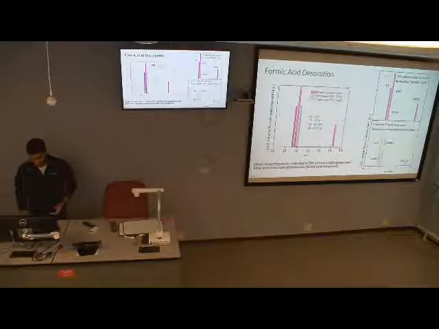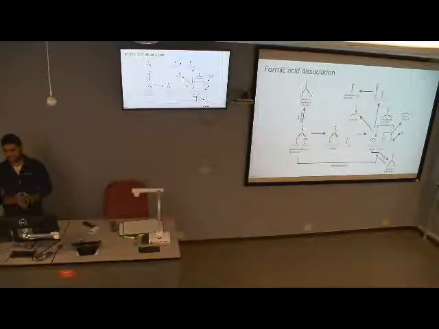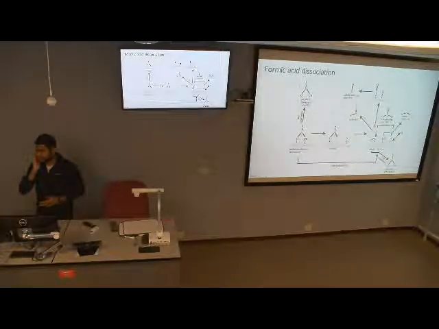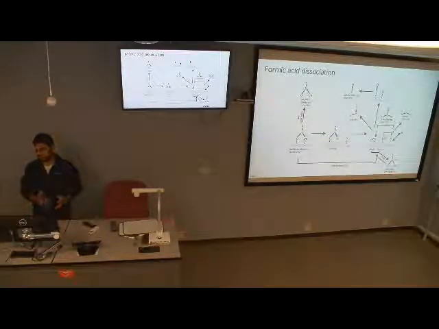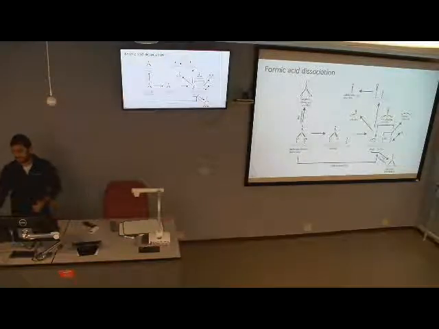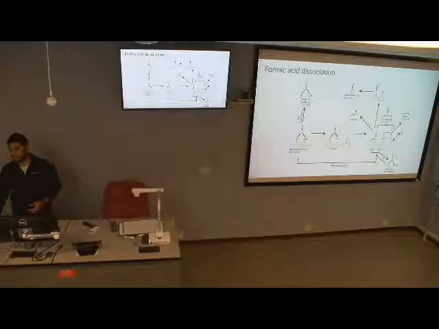Based on our results, we proposed a small mechanism for the dissociation, based on the desorption fragments and also some experimental and theoretical findings. Formic acid can adsorb molecularly, or it can also dissociate on impact.